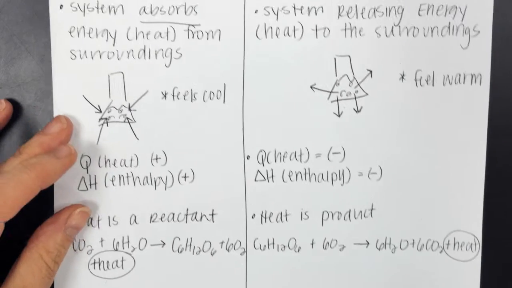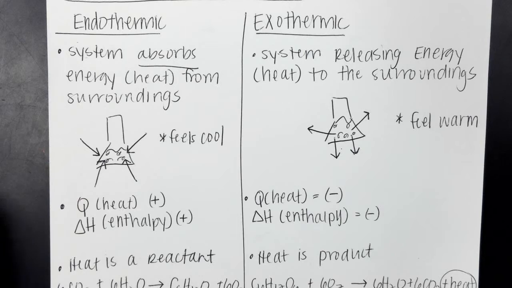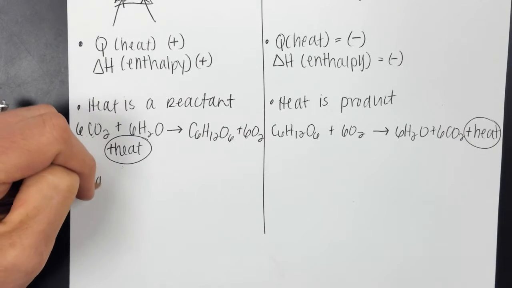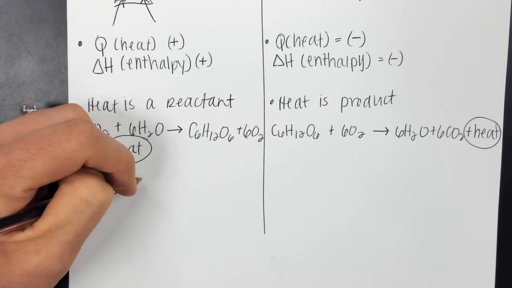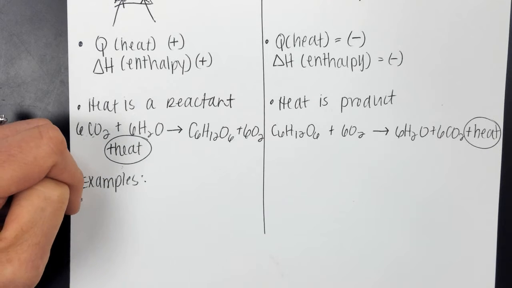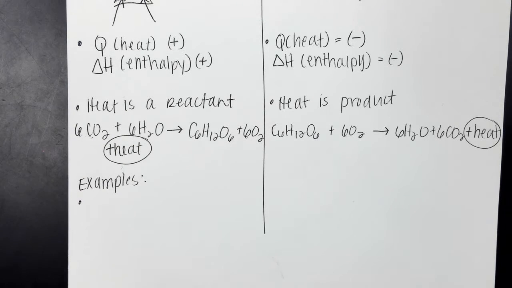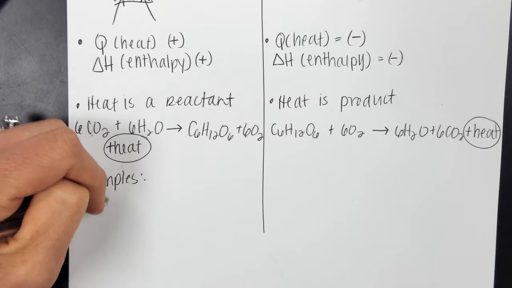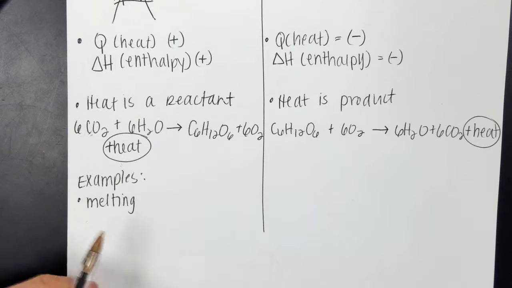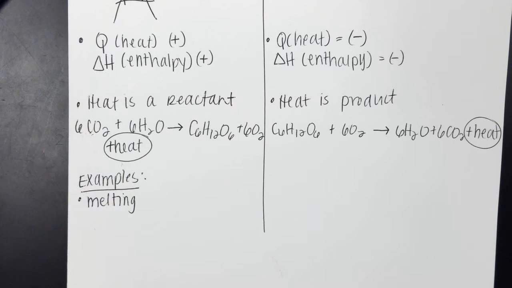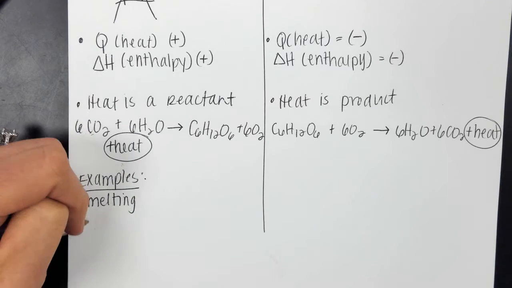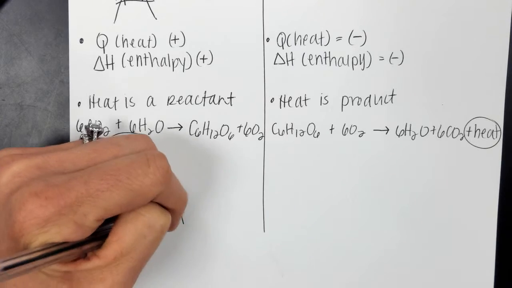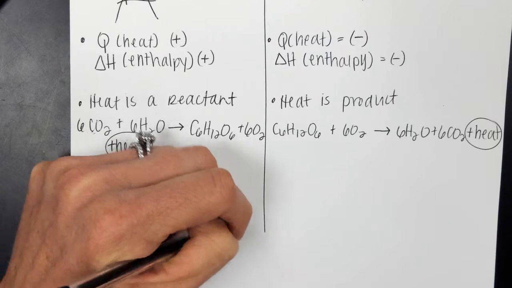What else do I want you to be sure you write down for endo and exo? Let's just write some everyday examples down. Endothermic examples would be melting. And we're going to draw some particle diagrams in a second, so this makes sense. Why melting and vaporization, right, which is just evaporation.